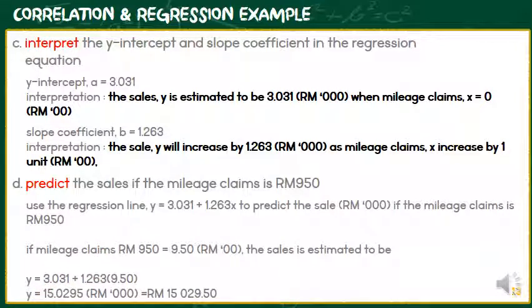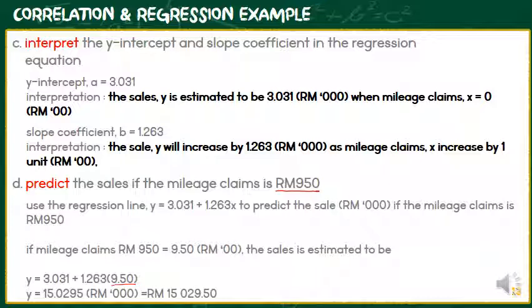So here dia suruh predict kalau claim 950. This is your X. Tapi kenapa dekat sini saya substitute X 9.5?